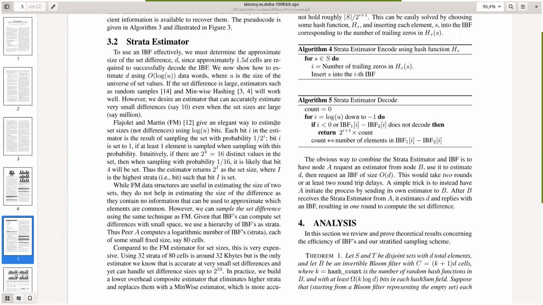And how do they count the number of elements in the difference? Do they use the same approach, a slight modification of the IBF decode method to count the number of elements? Because it would depend upon how you insert the elements in the ith IBF.